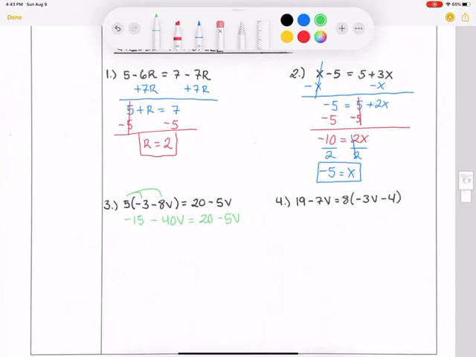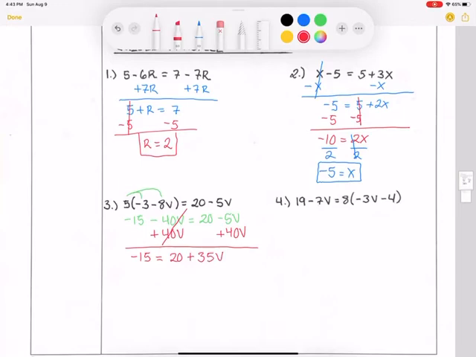I'm actually going to move the negative 40 because to move it, I have to add. So I'm going to add 40 to both sides. This will give me a positive number. So the 40s cancel. I have negative 15 equals 20. And then negative 5 plus 40 is going to be a positive 35v.